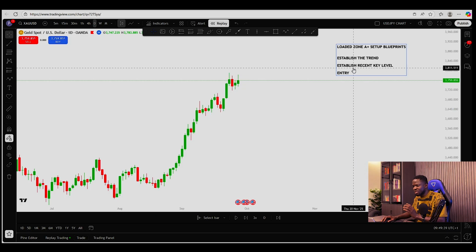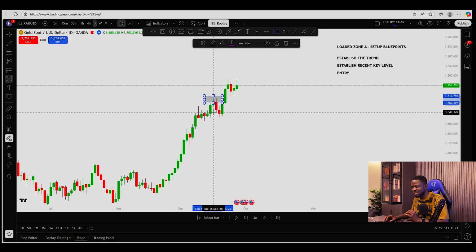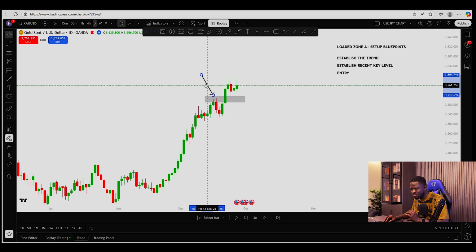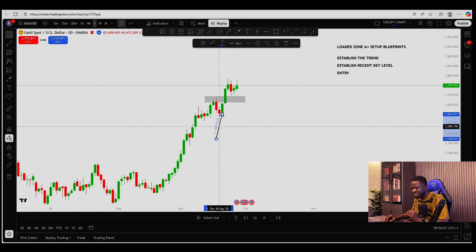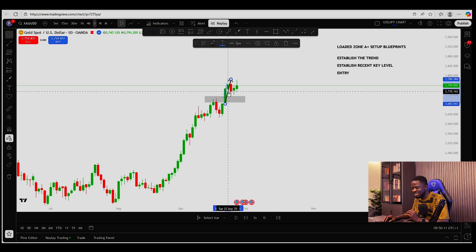The second step is to establish the recent key zone. On the chart right now, this zone was the last resistance that the buyers invalidated to the upper side. This place was serving as a resistance, right, that pushed the price action to the downside before the buyers invalidated the resistance to the upper side.